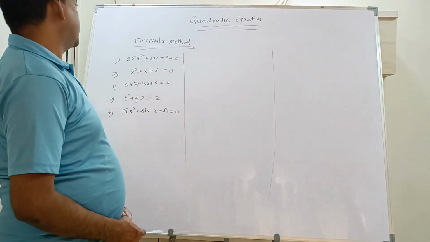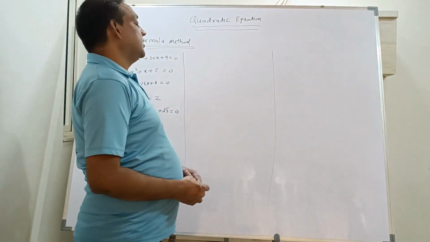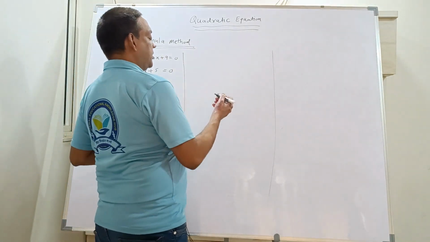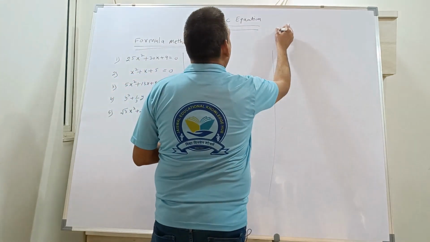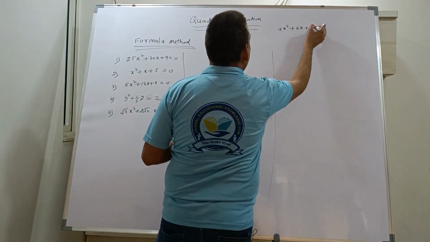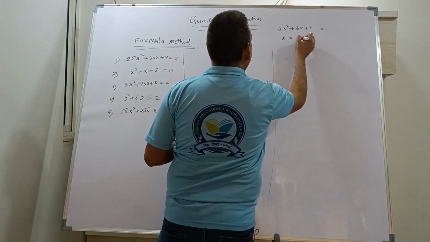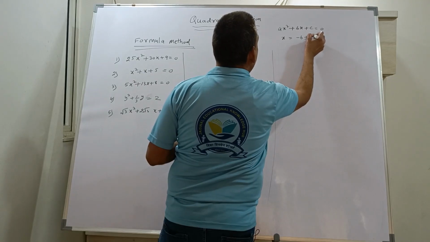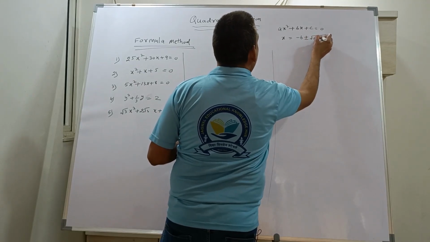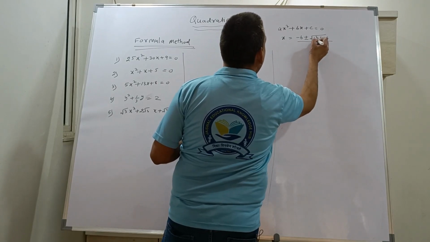Okay, the next one is the formula method. In the last class we had discussed the formula method also. So what is the formula method? If ax square plus bx plus c equals 0, then x is equal to minus b plus minus root of b square minus 4ac, the whole thing upon 2a.